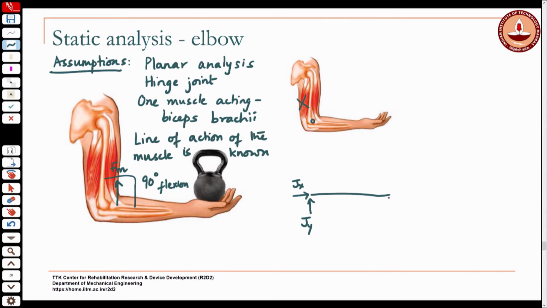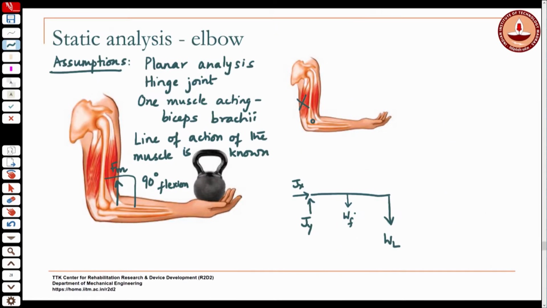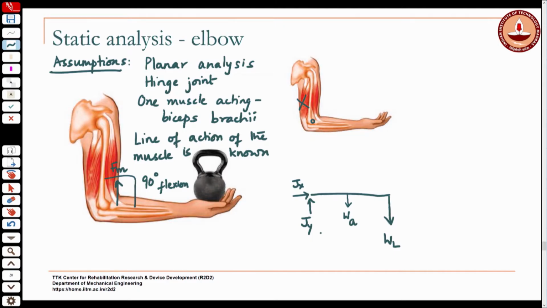I have a load WL of the forearm that acts at a distance I know from the anthropometric data. In this case we can assume that the forearm is uniform, so it acts at the middle of the length of the arm or some other known distance.